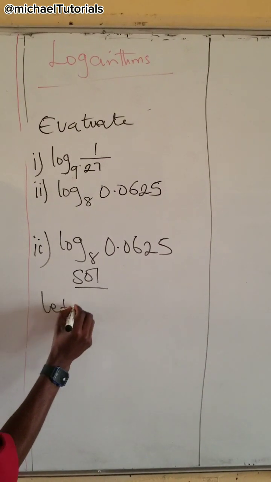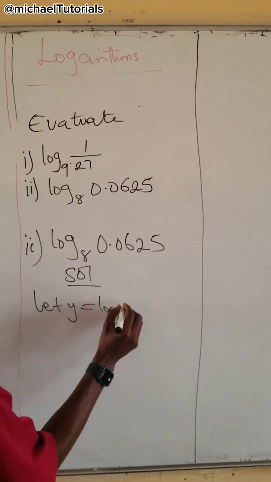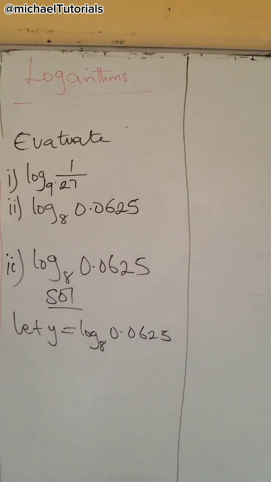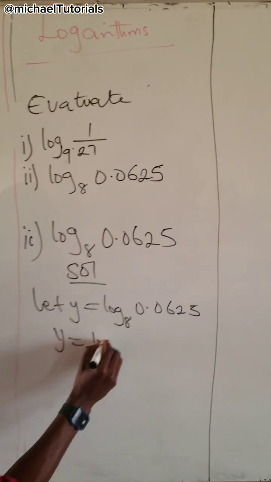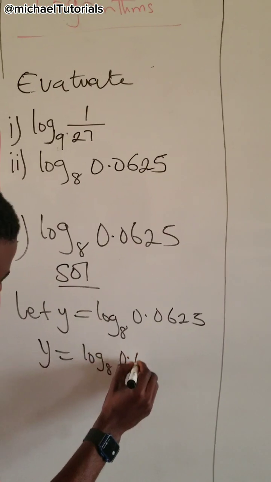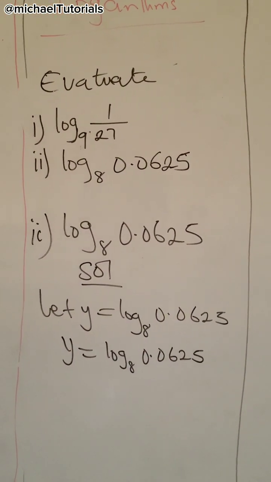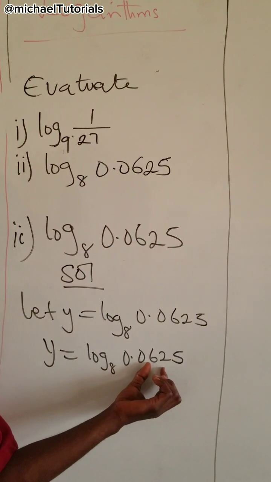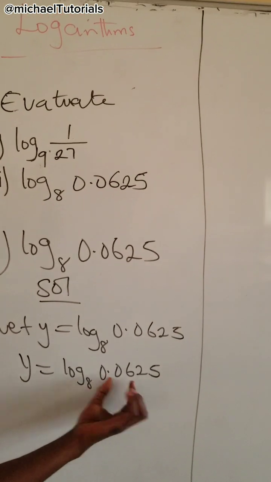Let y be equal to log in base 8 of 0.0625. Now we have to convert this to a fraction, and from the fraction, we convert to a whole number.